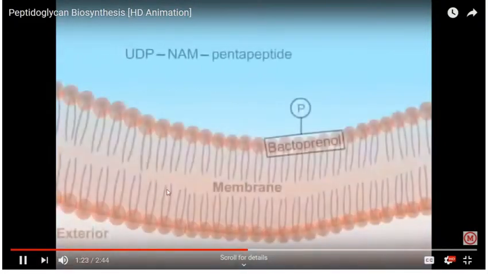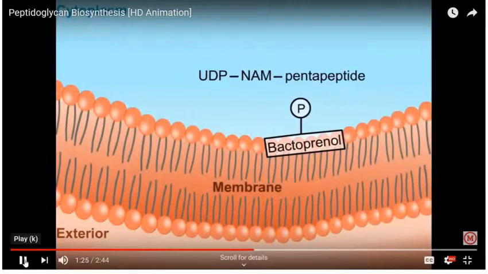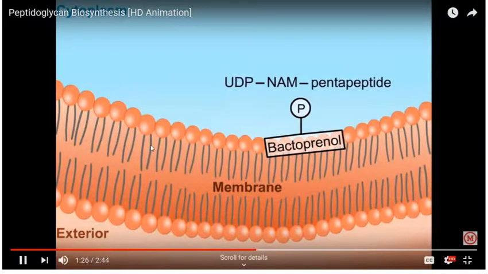So let's slow down. You get this N-acetylmuramic acid conjugated to a pentapeptide. And then this is going to be grafted onto bactoprenol on the cytoplasmic side of the plasma membrane.